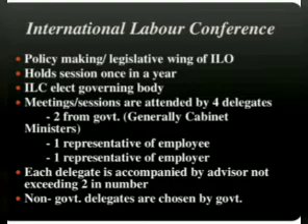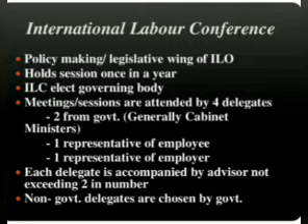Starting with the International Labour Conference. This is the place where policy making is done, the policy making and legislative wing of ILO. This session is held once a year, and ILC elects the governing body.